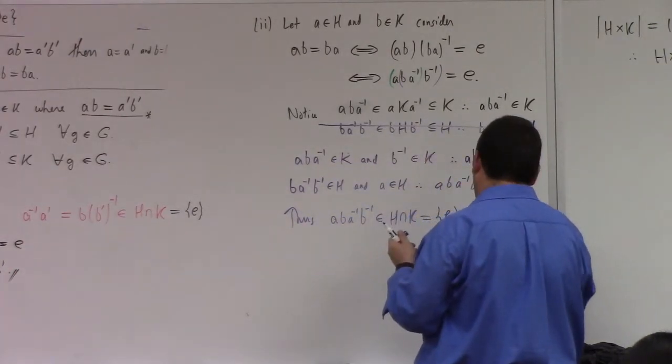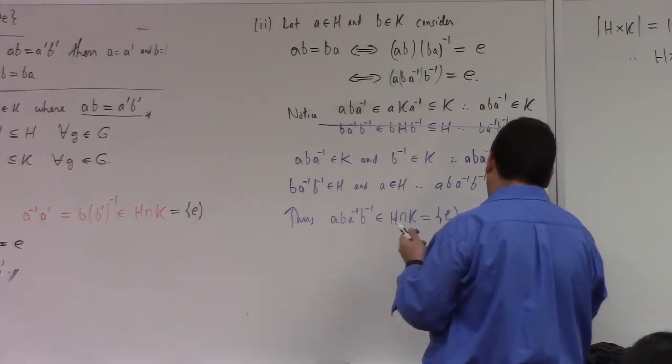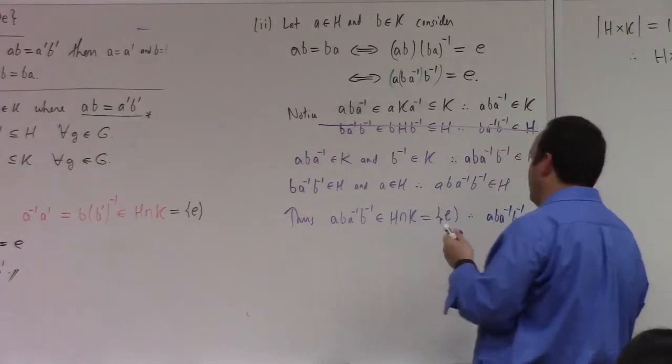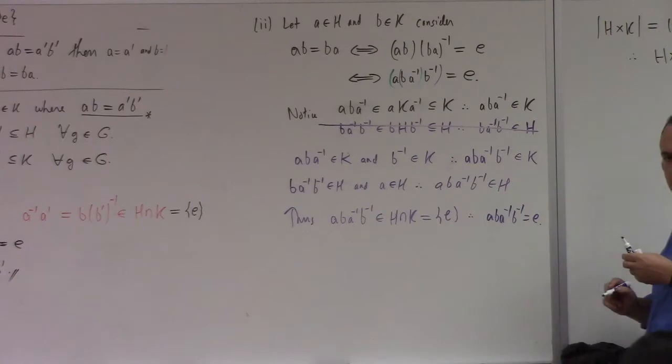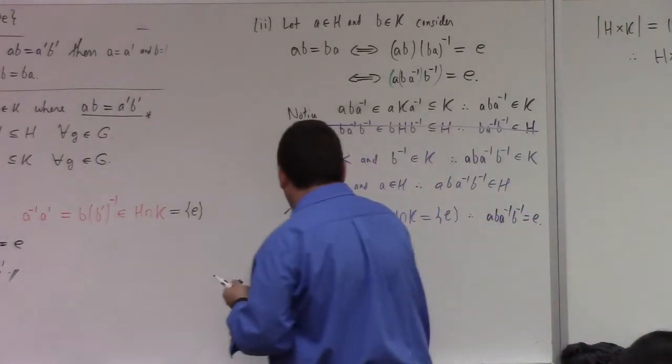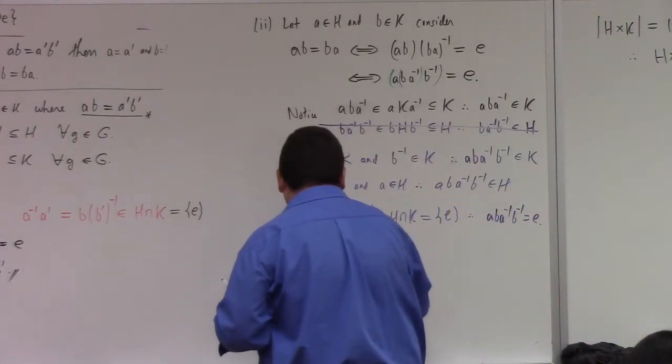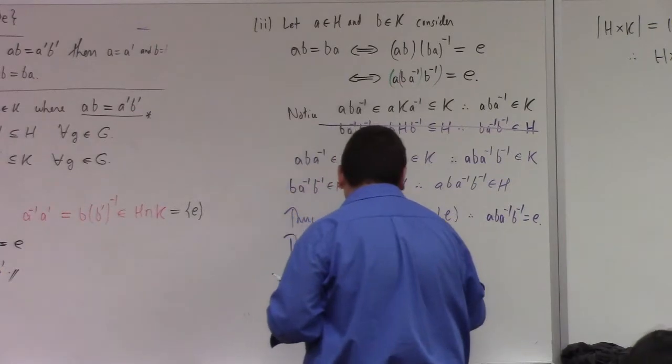Therefore, A inverse B inverse is equal to E. Then by star, we are done.